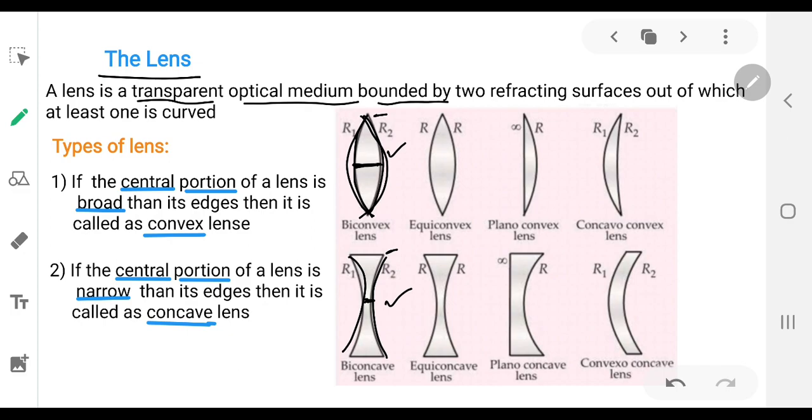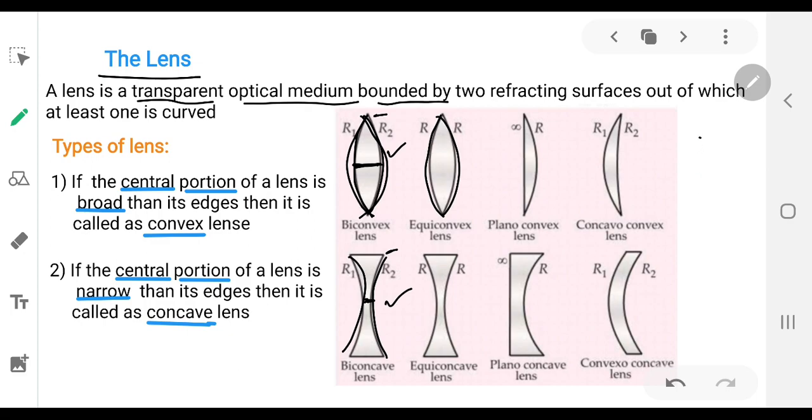In that biconvex lens, if the curvature of both the refracting surfaces is the same, then it is called an equiconvex lens. Otherwise, it may be different also.